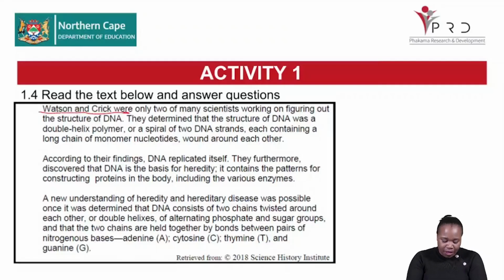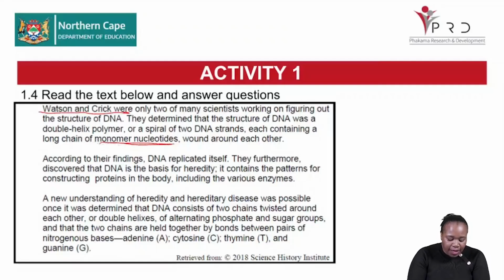They determined that the structure of DNA was a double helix polymer or a spiral of 2 DNA strands, each containing a long chain of monomer nucleotides wound around each other. Monomers, we're talking about the building blocks. According to their findings, DNA replicated itself. DNA made a copy of itself.